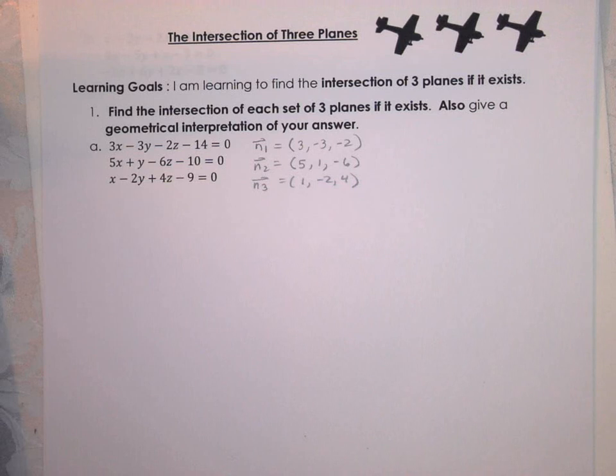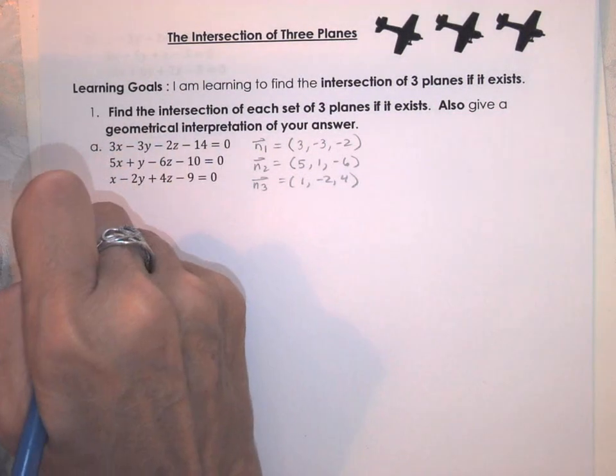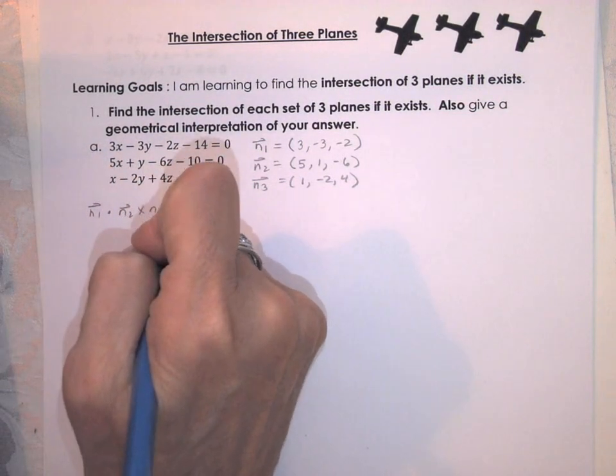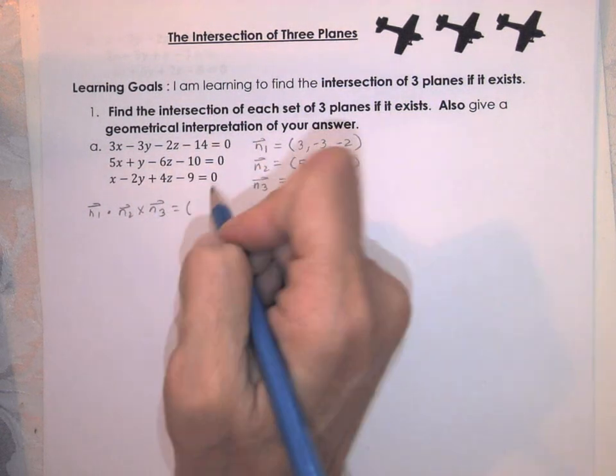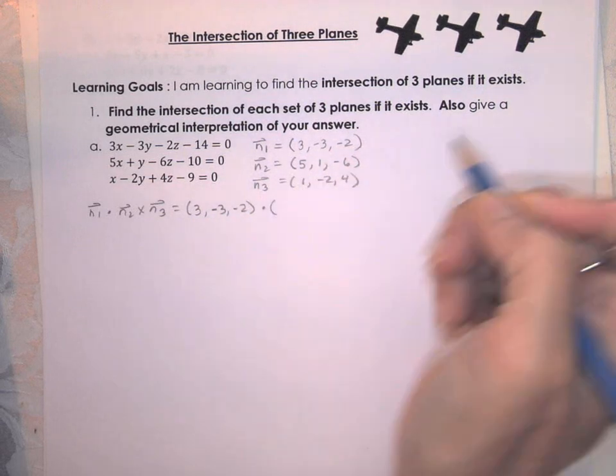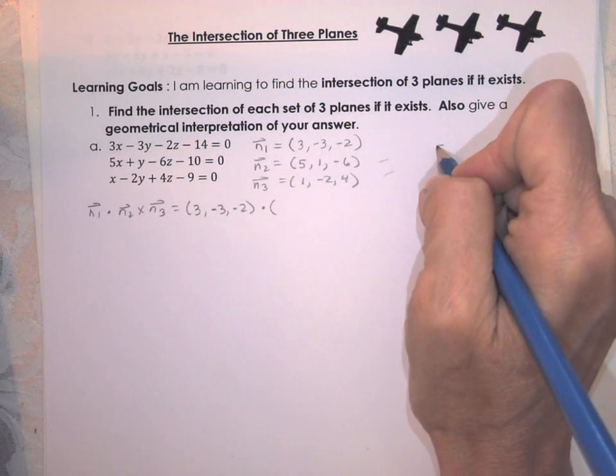So the next thing I'm going to do is check and see if the normals are coplanar. So I'm going to do n1 dot n2 cross n3, which is going to give me 3, negative 2, dotted with the cross product of those two.